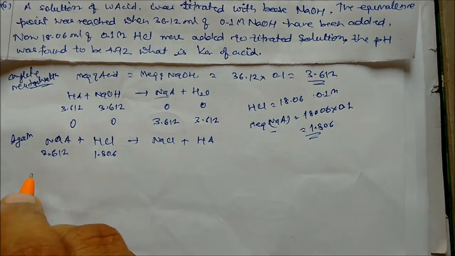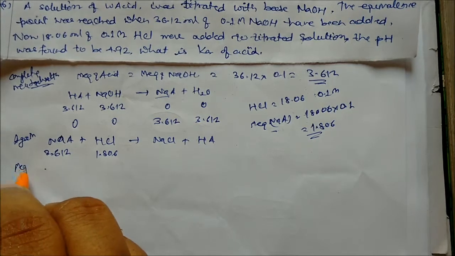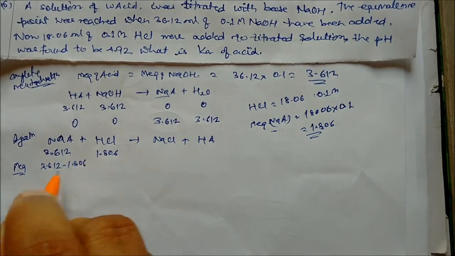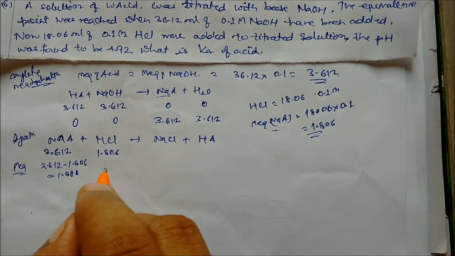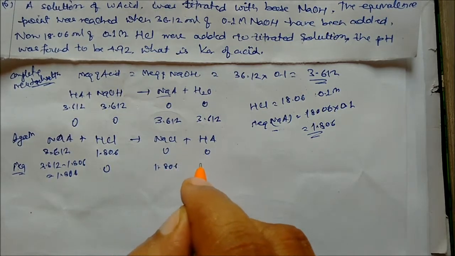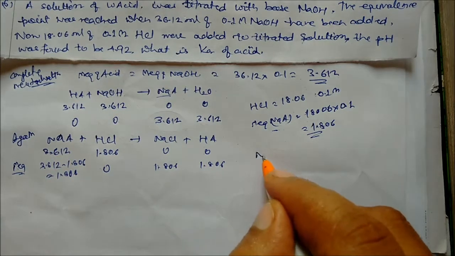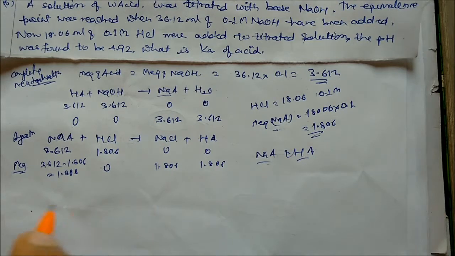After the reaction, milliequivalent of NaA is 3.612 minus 1.806, which gives 1.806, HCl becomes 0, and HA, which was initially 0, becomes 1.806. So now NaA and HA act as a buffer. This is an acidic buffer, so we apply the formula of the acidic buffer.